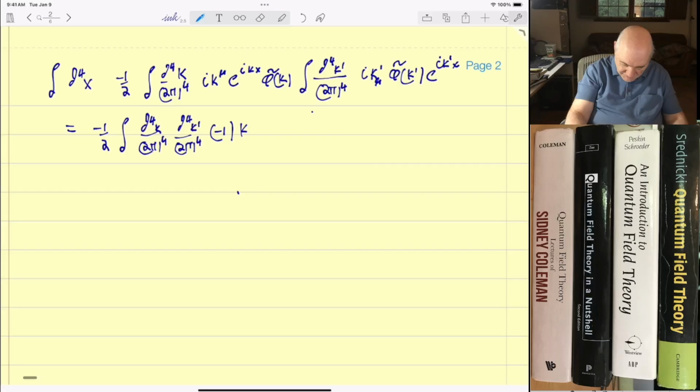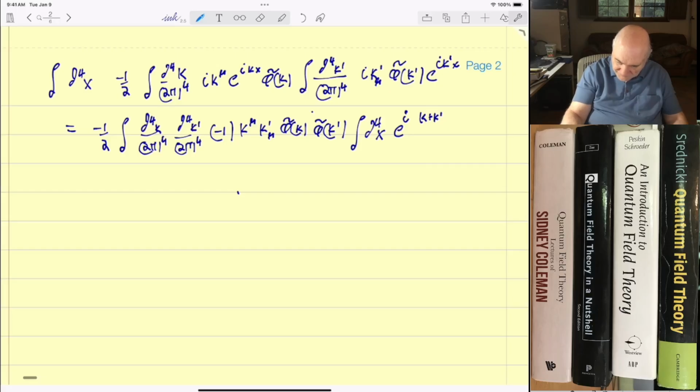Then I have k_mu k prime^mu, phi tilde of k, phi tilde of k prime, integral d^4x e^{i(k plus k prime)·x}.